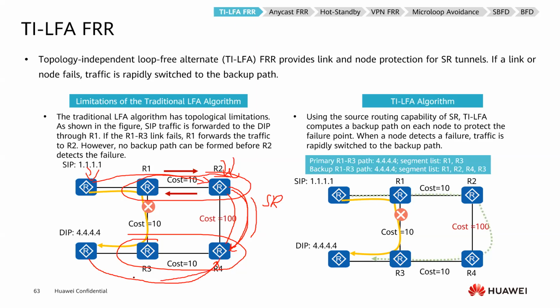Then this Q point can continue forwarding, so there will be no macro loop. So this is TI-RFA. No matter which topology, there is no limitation. I can always calculate a loop-free backup path.